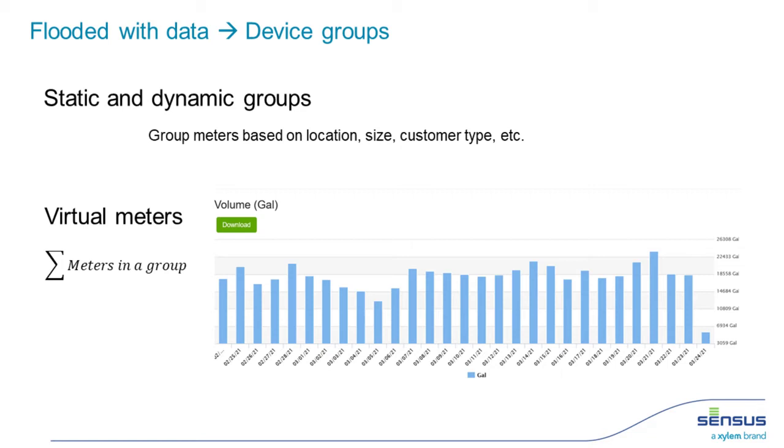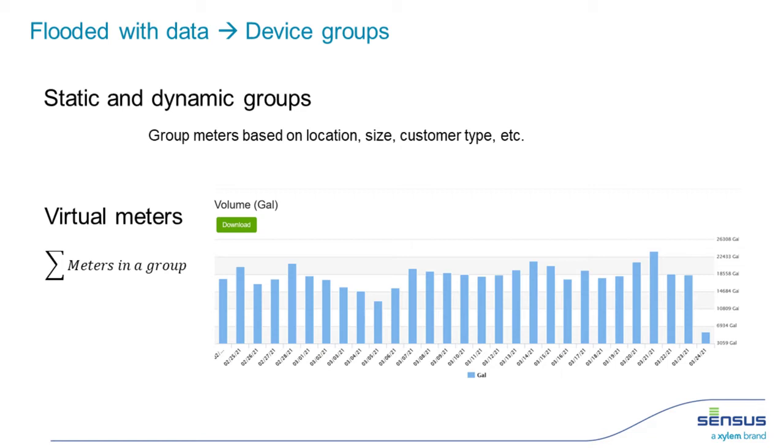And so one of the ways we can do that is with device groups. Device groups can either be static or dynamic. A static group might be where you are defining groups based on the exact meter, but they might be dynamic based off of the location, say all of the meters within a zone, or the size of meters.